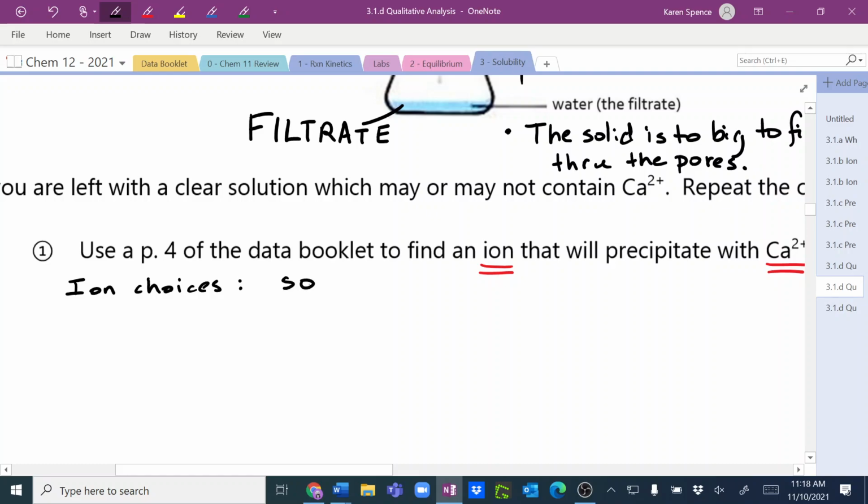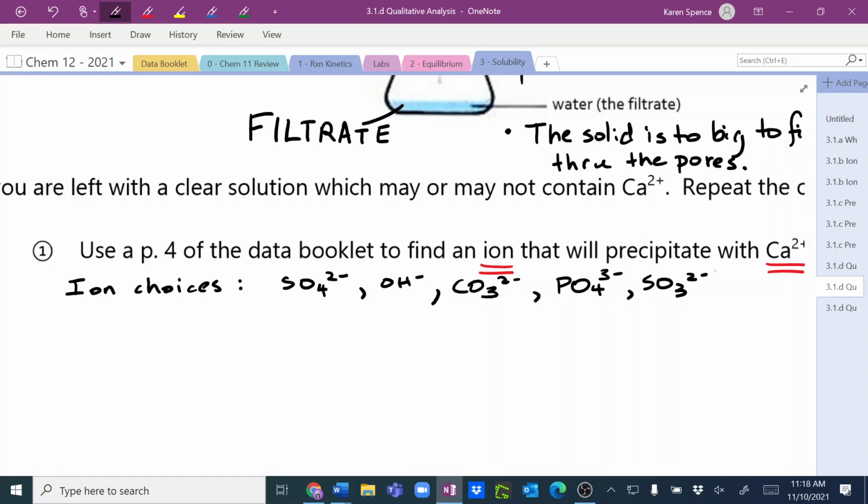Sulfate, SO4, hydroxide, OH minus, carbonate, CO3 2 minus, phosphate, PO4 3 minus, and sulfite, SO3 2 minus. You do not need to list them all. You just pick one, okay?